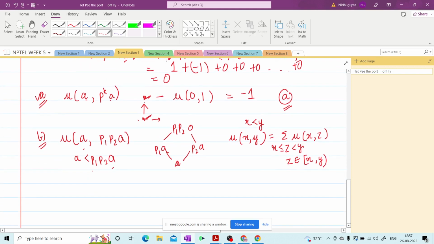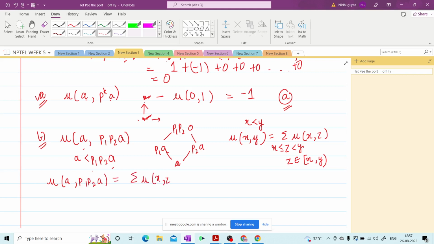So now if we want to find mu of A, P1 P2A, we have to sum it over z in this bracket, A, P1 P2A open, and from this diagram we see that we have this and this.